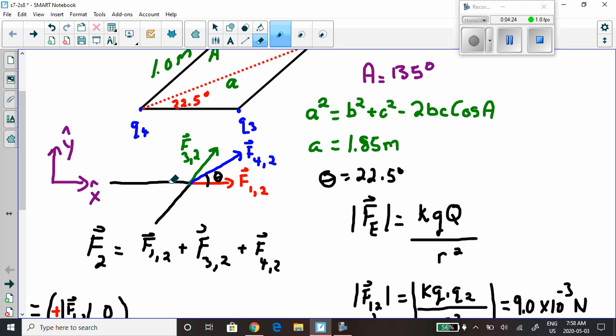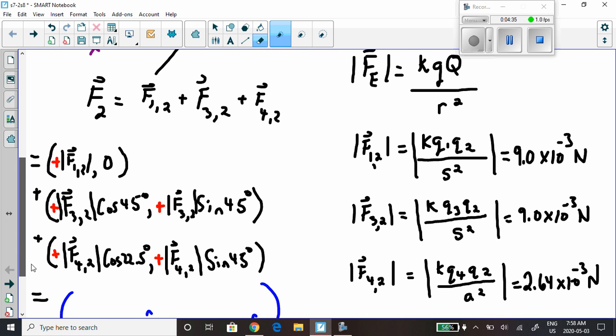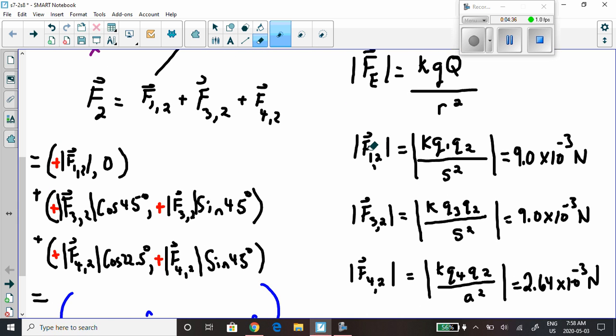So now we're going to find the magnitude of each of these electric forces. That's what I've got here on the side, right? The magnitude of the electric force from charge Q1 onto charge Q2. We know that the distance from charge Q1 to charge Q2 is a side length, s squared. And we know these charges, and you can calculate that.